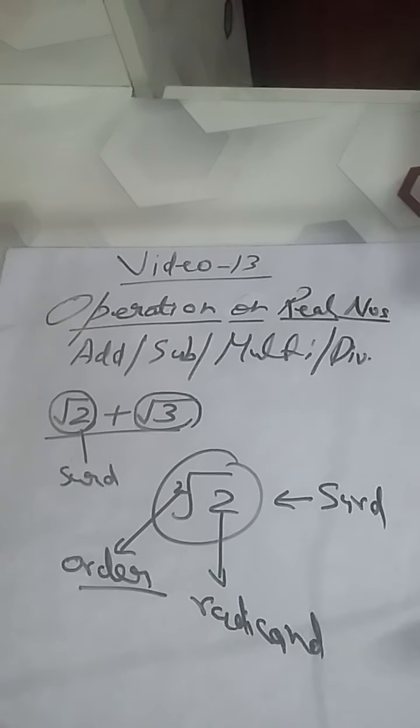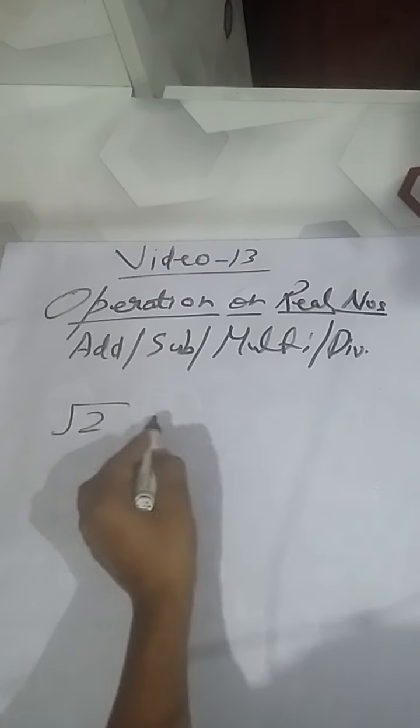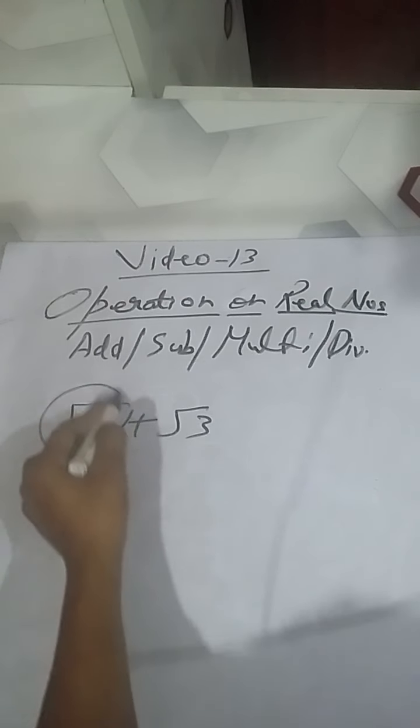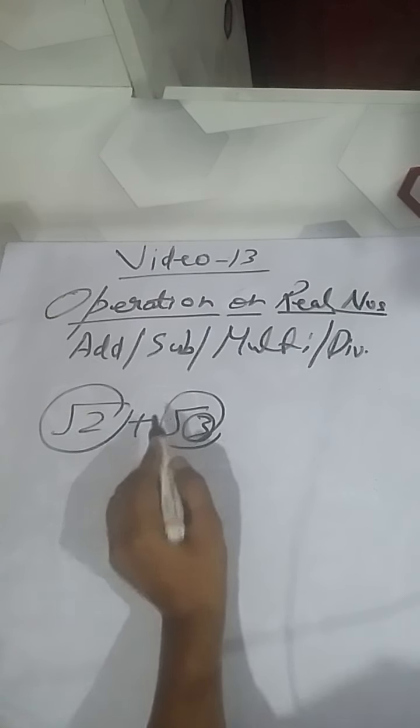So in order to add the numbers like this, the whole surd should be same. The surd includes this inside part, that is radicand, and this is the order.